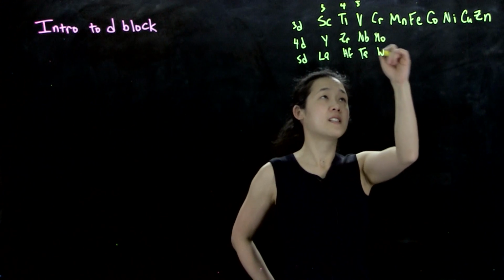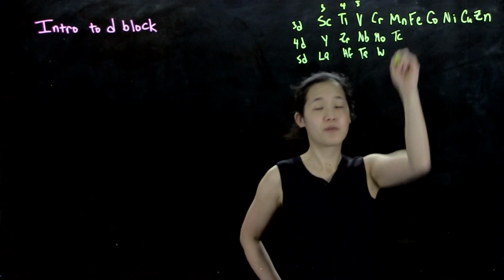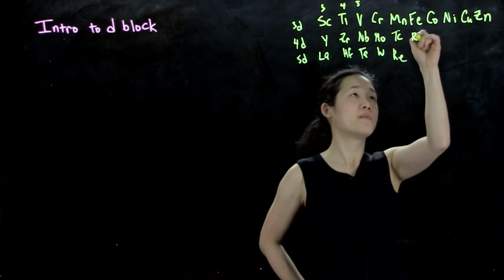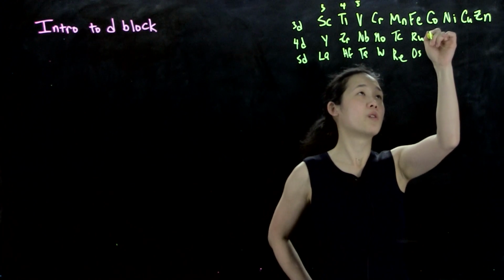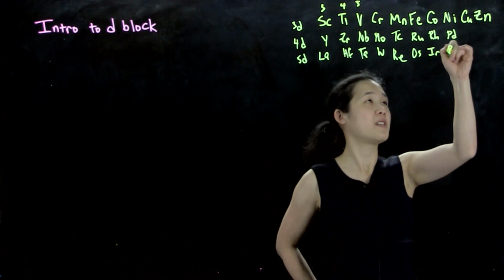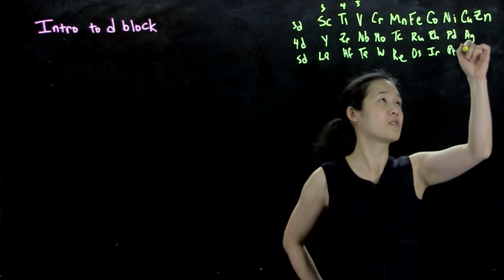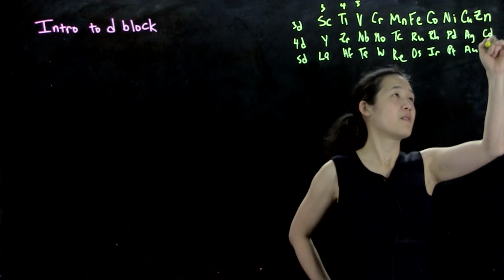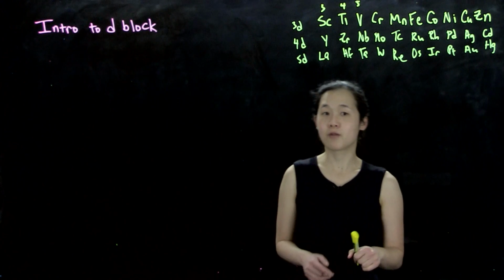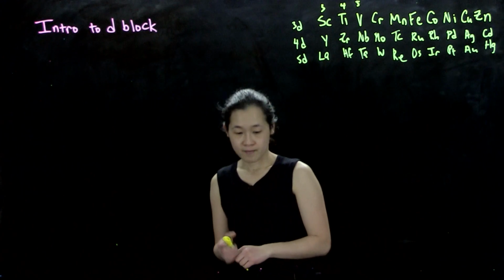Molybdenum, tungsten, technetium, which is radioactive, rhenium, ruthenium, osmium, rhodium, iridium, palladium, platinum, silver, gold, cadmium, mercury. Okay, so that's the D block, 3D, 4D, and 5D.